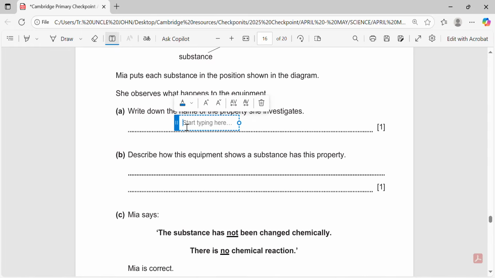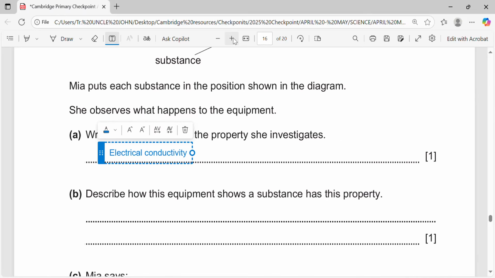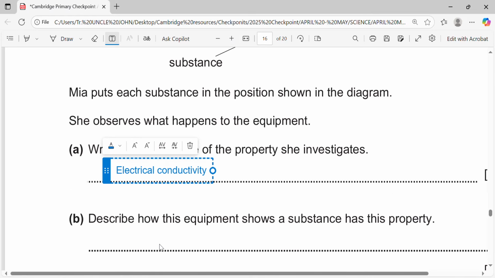The name of the property she investigates is electrical conductivity.